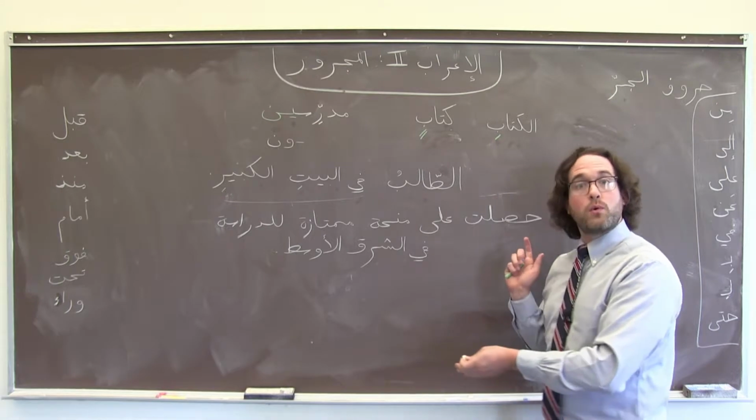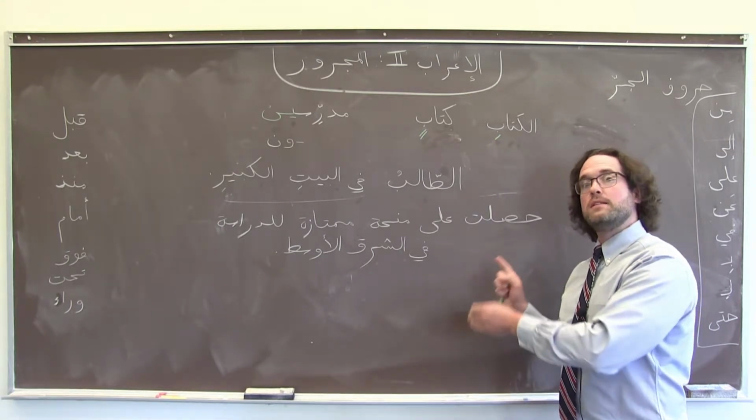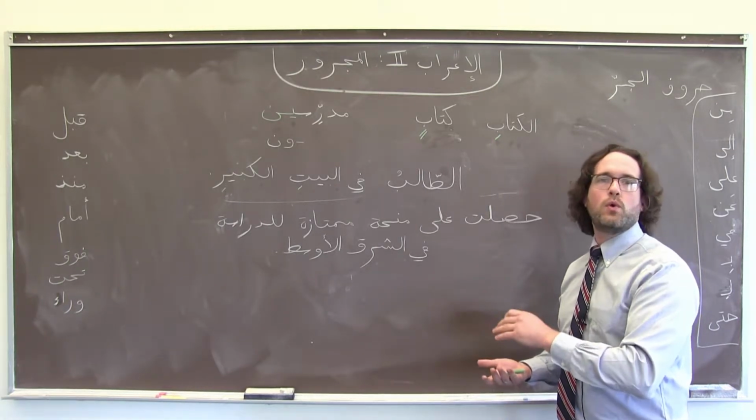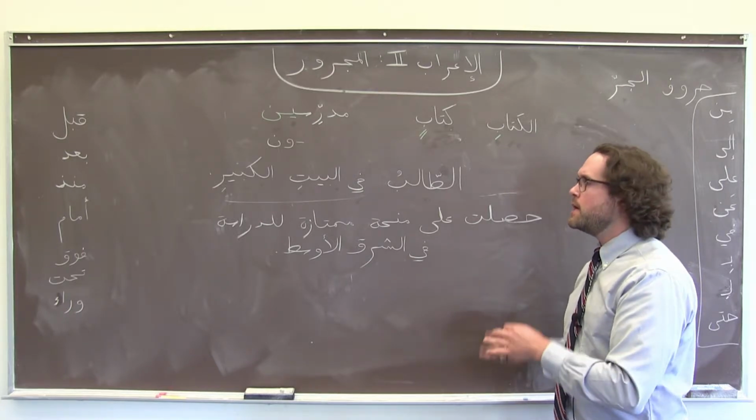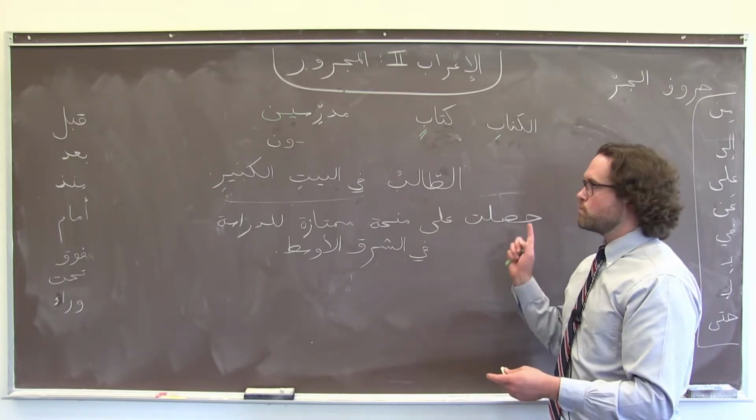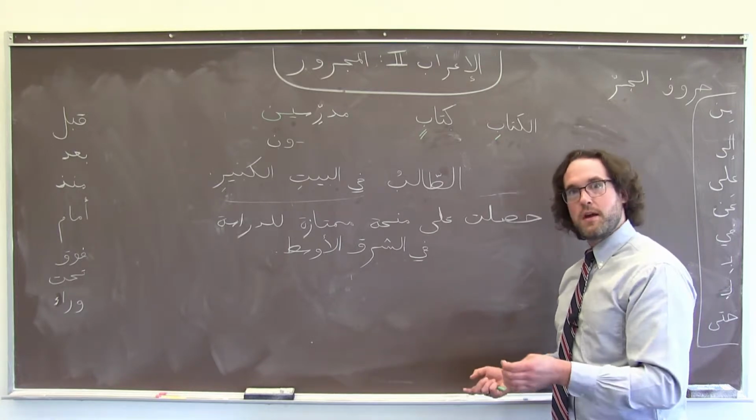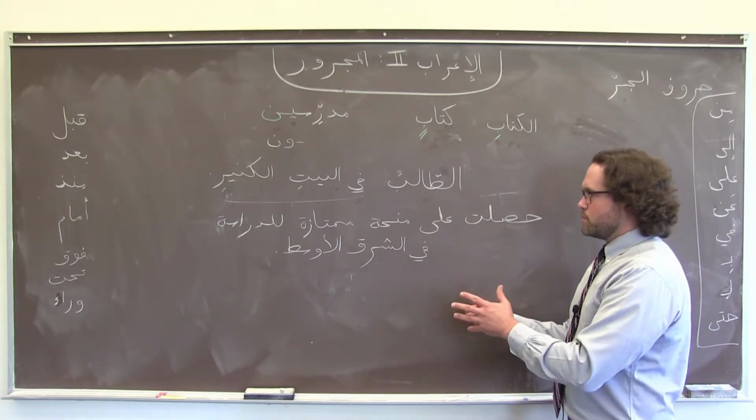Ordinarily, in print, this is how we would see it. We probably wouldn't read this in a letter or a book or a newspaper article. But if we wanted to give it all of its i'rab, we would do it this way.